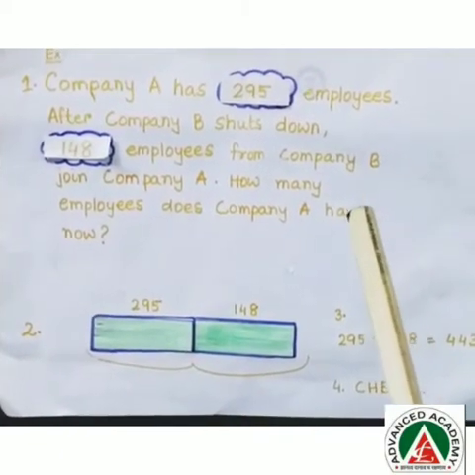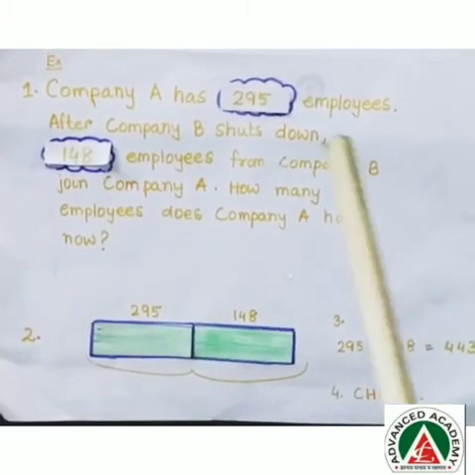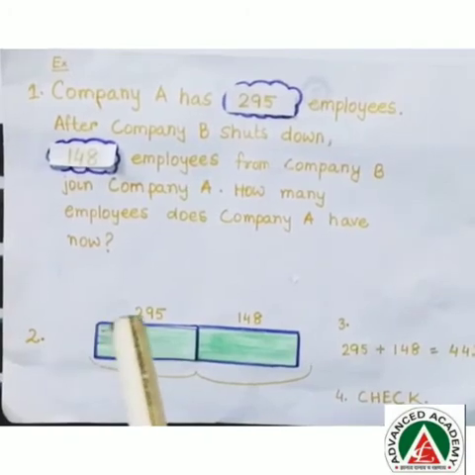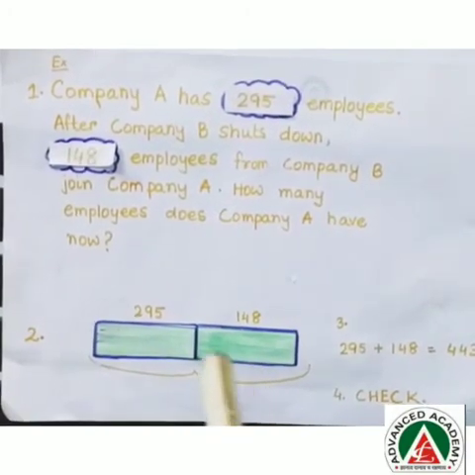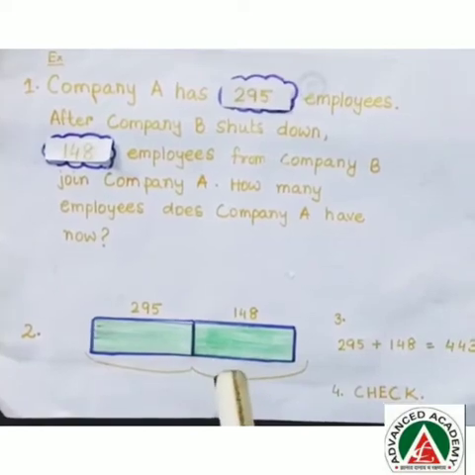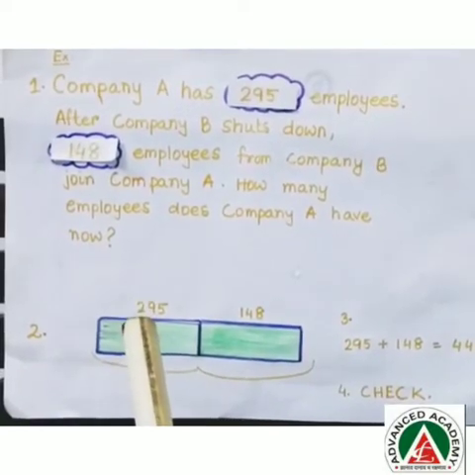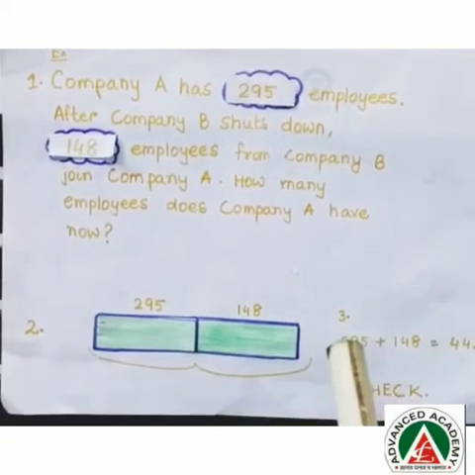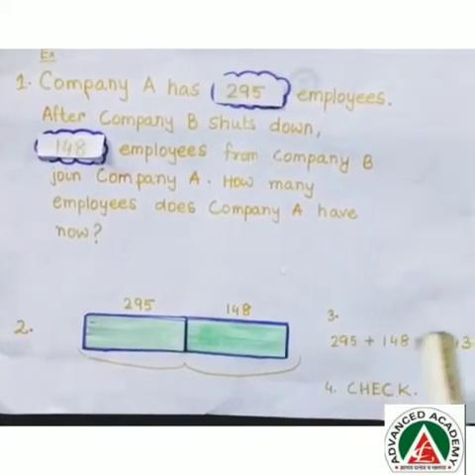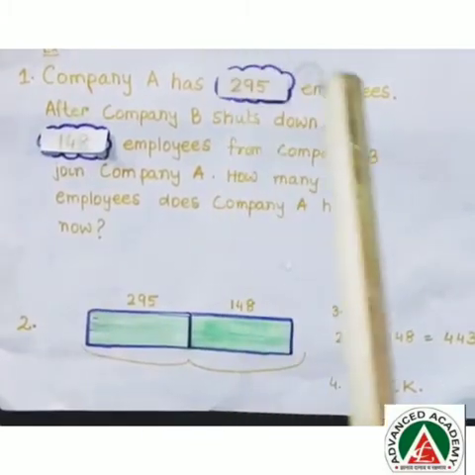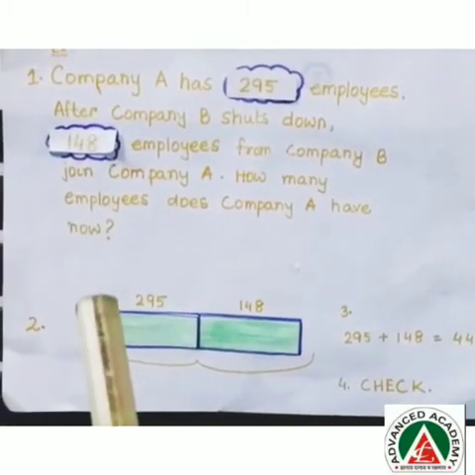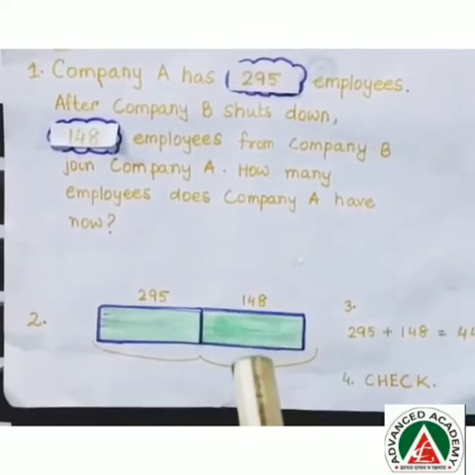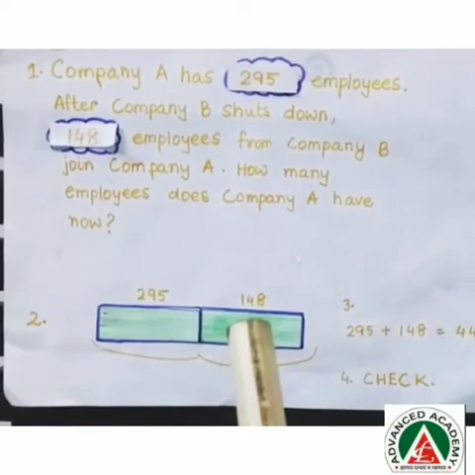That's the first step: to read the problem, to understand the problem. Step 2 is to draw the bar models. I drew 2 bars, naming them 295 and 148. Now, the third step is to solve it. As we have understood the problem, Company A has 295 employees and Company B has 148 employees.